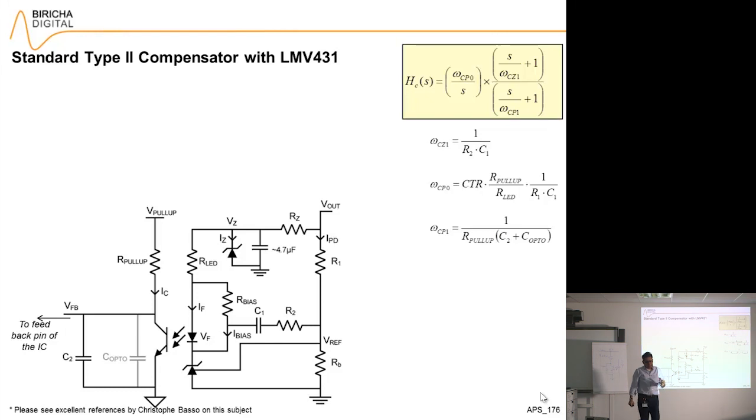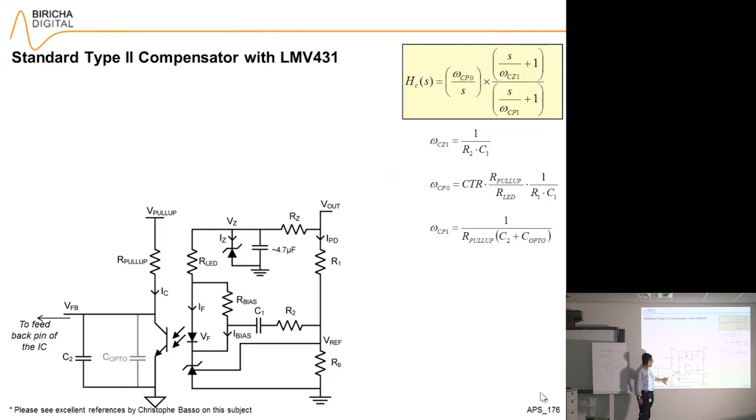So now that we know how the TL431 works and how it looks just like an op-amp, we can now start designing. Here I have got the transfer function of a standard type 2 compensator. And here I've got the equations for the type 2 compensator for an opto-isolated power supply. We discussed the bandwidth of the opto-isolator.